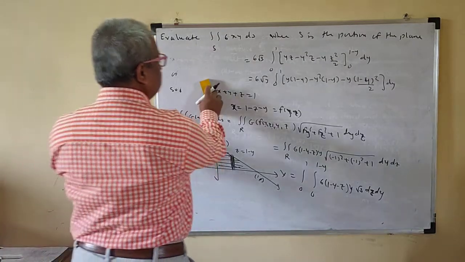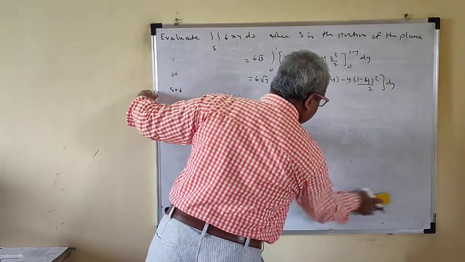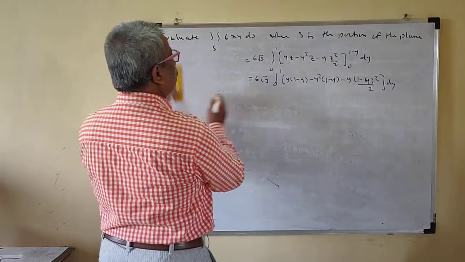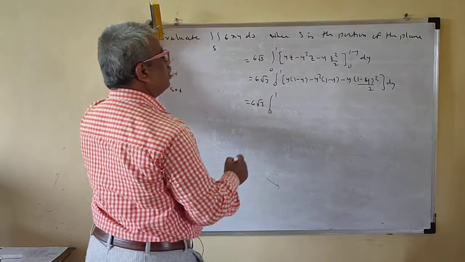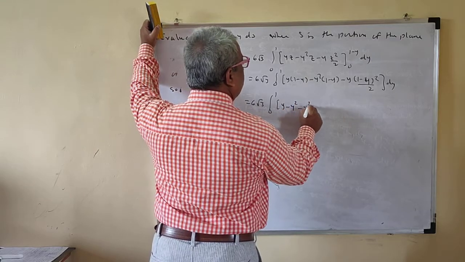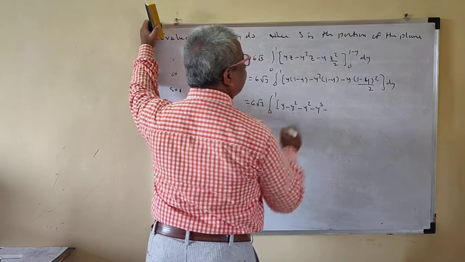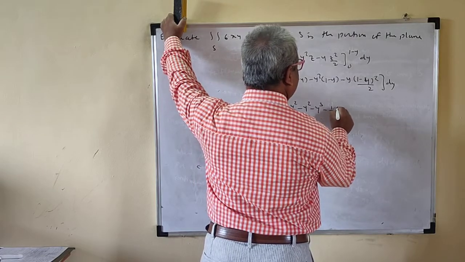We have to simplify this and integrate this. So we simplify this: 6 root 3, 0 to 1, y minus y square minus y cube minus half.